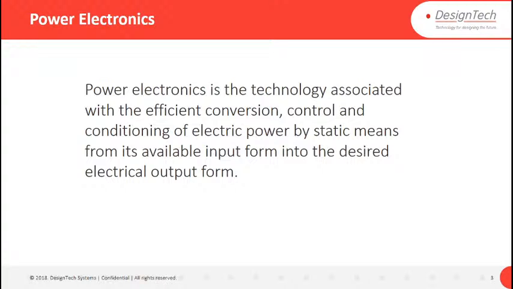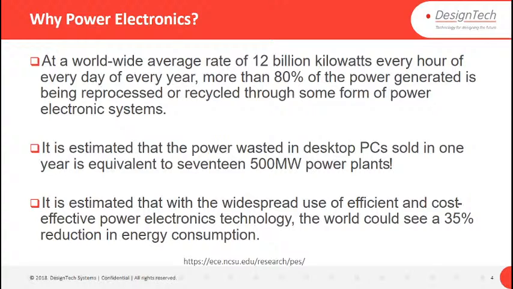Okay, and why power electronics? At the worldwide average rate of 12 billion kilowatts every hour of every day of every year, electricity is generated, and more than 80% of the power generated is being reprocessed or recycled through some form of power electronic systems.